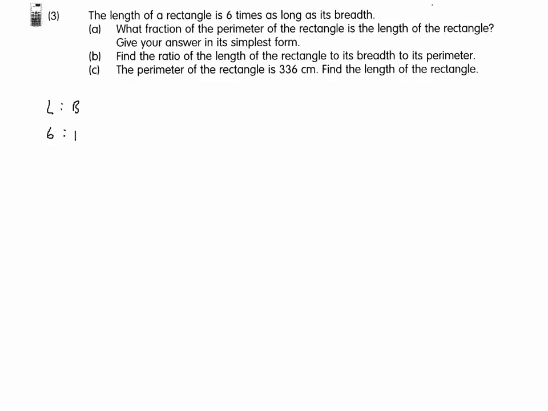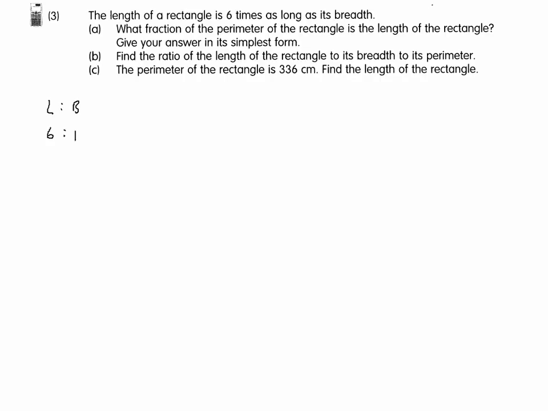Right, okay. Anyway, let's understand what they are trying to ask for here. They are asking for length over perimeter, right? Yes. And we know that the length of a rectangle is 6 times as long as its breadth. So I heard people giving me 7 over 6 just now? I don't know how this 7 over 6 came about. Okay, but let's clarify.